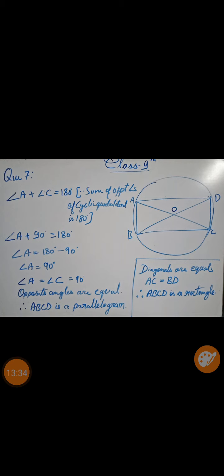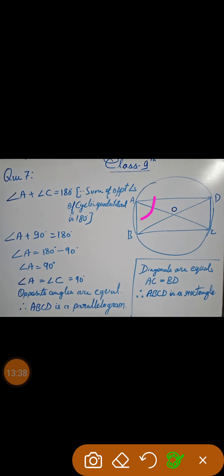So angle A plus angle C is equal to 180 degrees, and write the reason also: sum of opposite angles of a cyclic quadrilateral is 180 degrees. Now in place of C we are writing 90 degrees, so by transposition angle A is equal to 180 minus 90, which means 90 degrees.